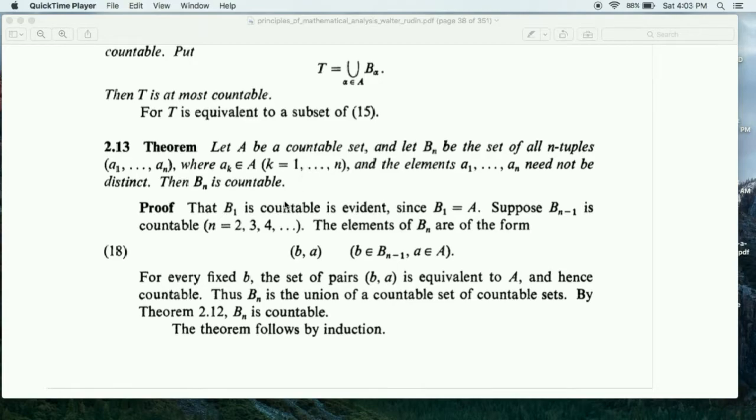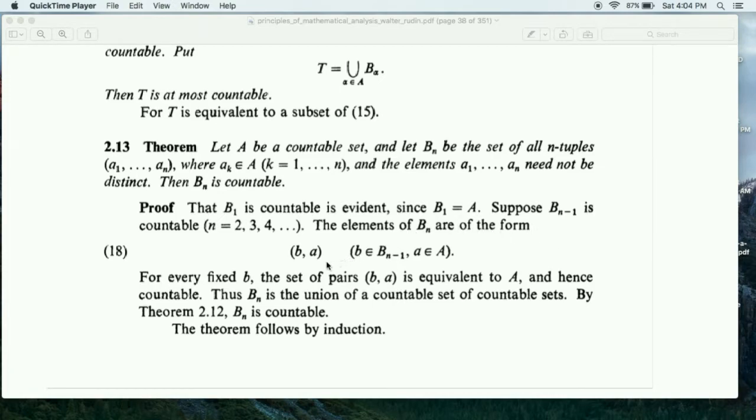So how do I prove this? B1 is countable because B1 is just A. Now we use the principle of mathematical induction. We have the base case. Now suppose B_{n-1} is countable. And now we take B_n.